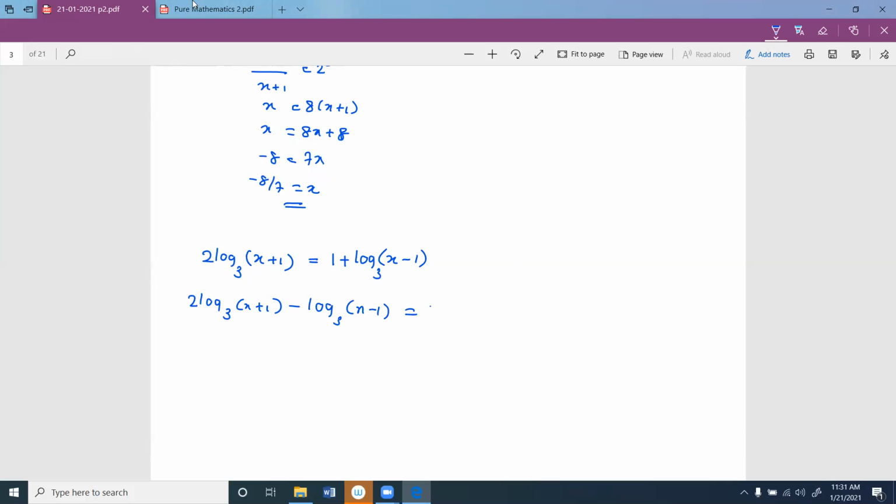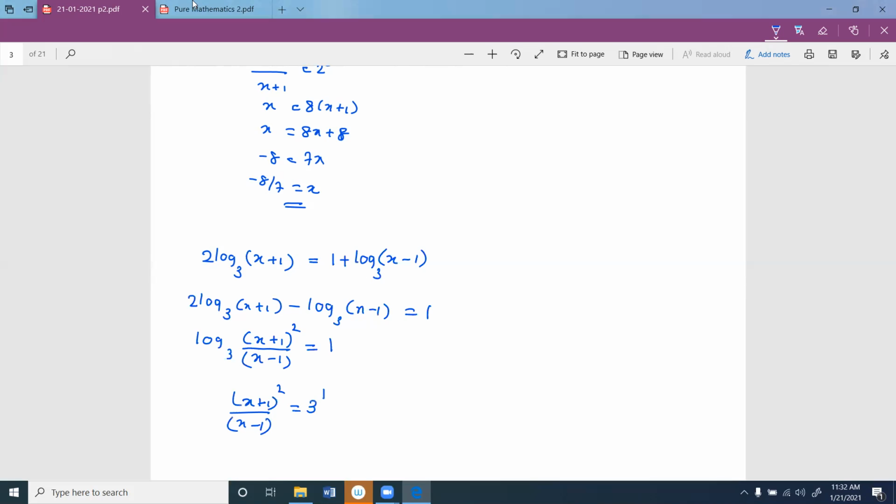Then simplify. What you can do here is log 3, these two you can take in as a power. This subtraction you can write as a division, is equal to 1. So with that you can say (x plus 1) squared over (x minus 1) is equal to 3 to the power 1.